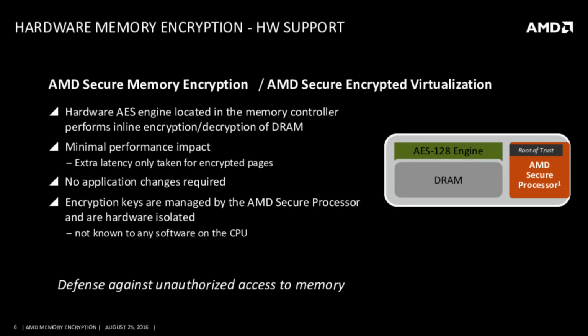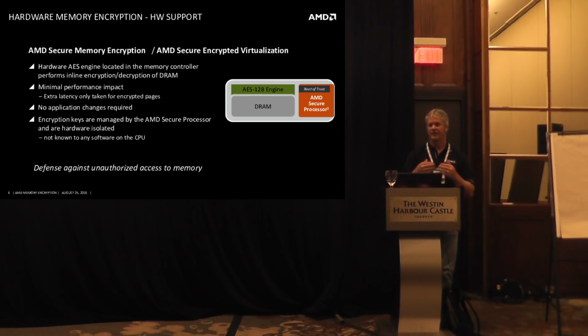Just an overview of how this works. It's a hardware AES engine in the memory controller that performs inline encryption or decryption as data passes through. There's minimal impact; there's extra latency only if the page is encrypted.